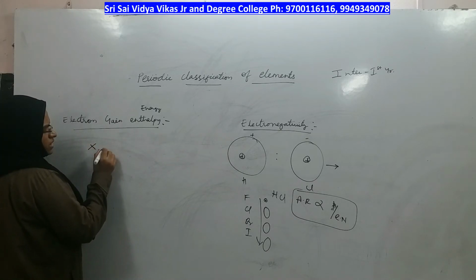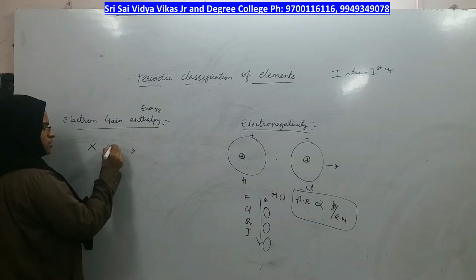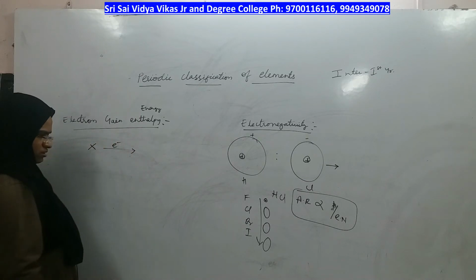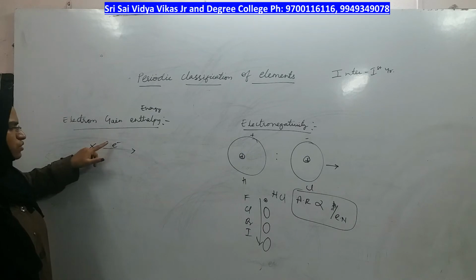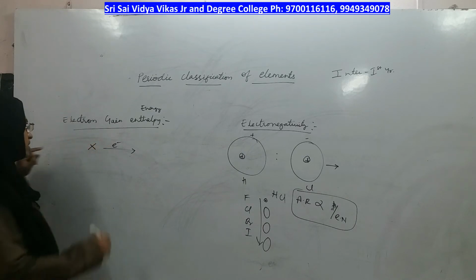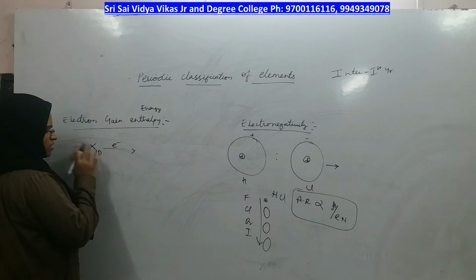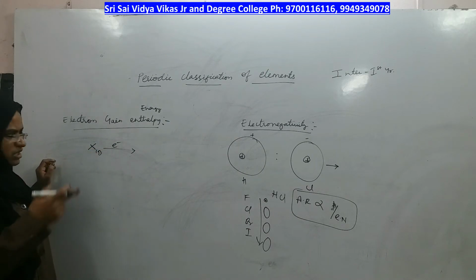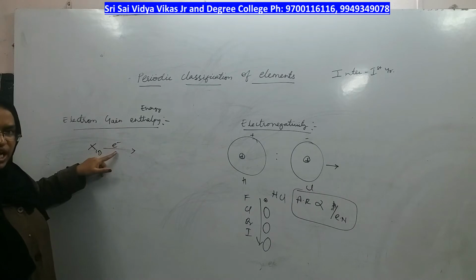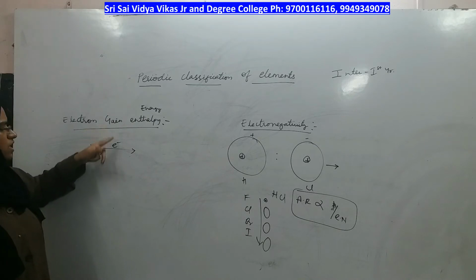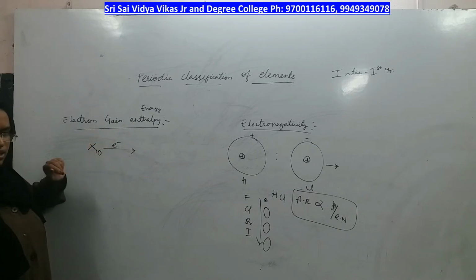Suppose you are taking any atom to which you want to add an electron. Whenever you add an electron to a neutral gaseous atom, the condition is the same as for ionization potential and electron gain enthalpy. For ionization potential it was to remove the electron, but for electron gain enthalpy it is to add the electron.